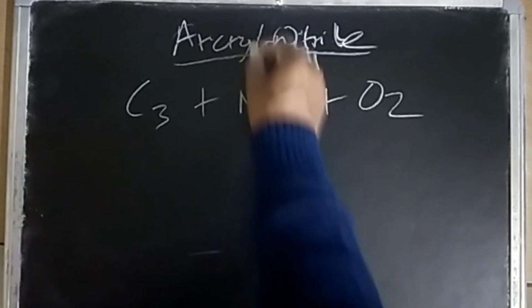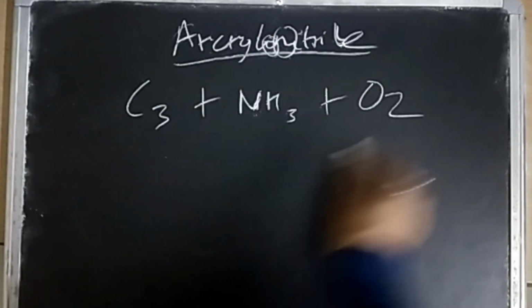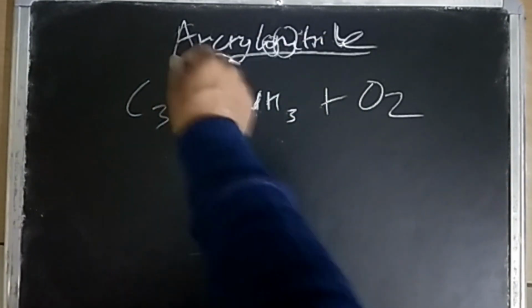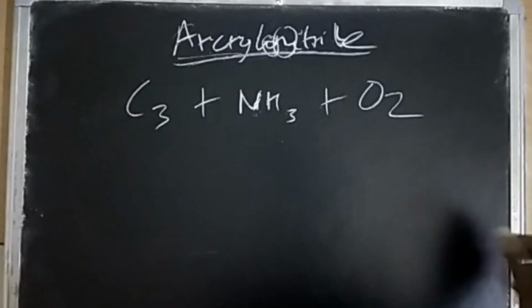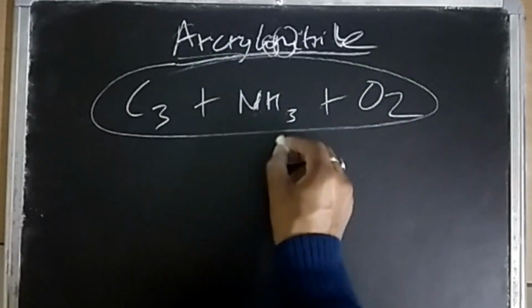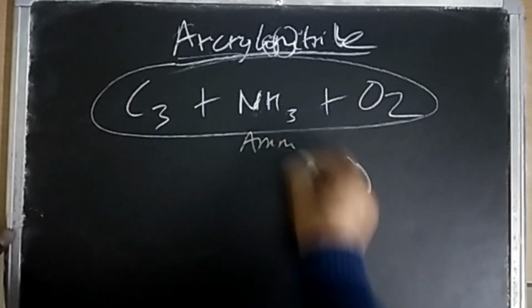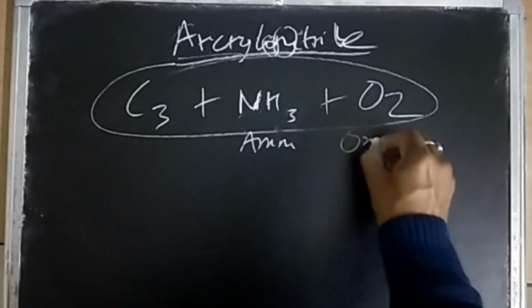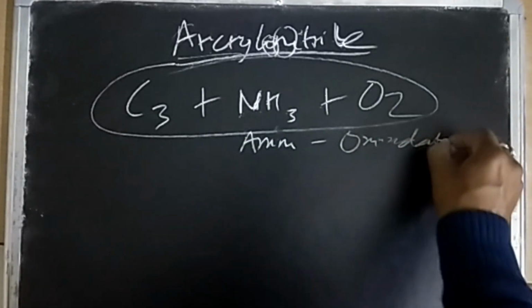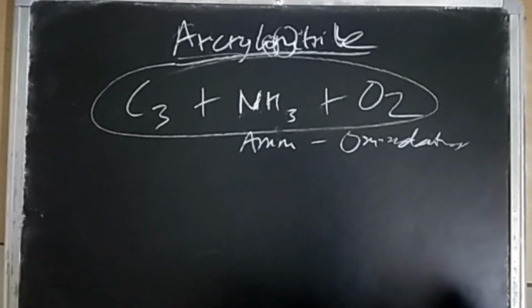Acrylo, O and N are there, oxygen, and acryl means this is added propylene. All the three. So ammoxidation, this is NH3 ammonia, so am, and this is oxidation, so ammoxidation occurs here, and finally we find acrylonitrile.